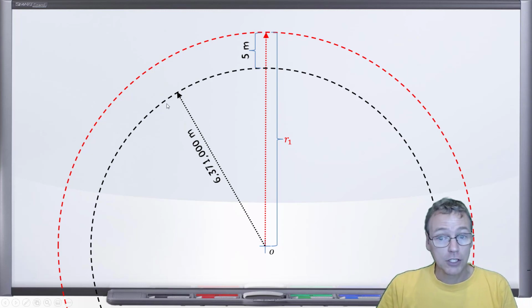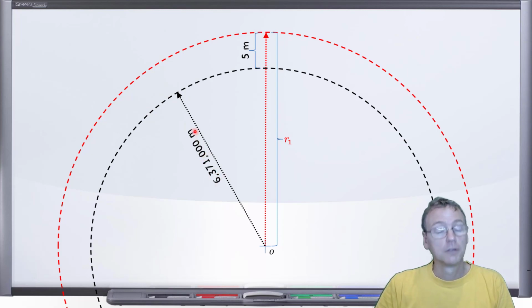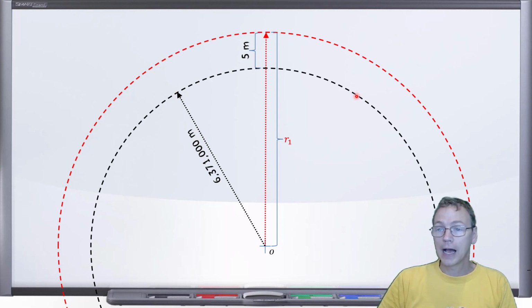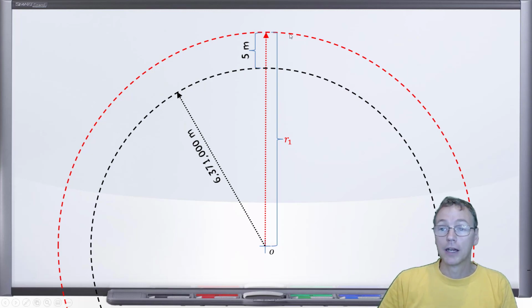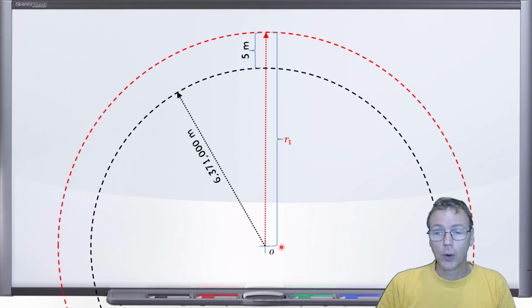The reference sphere is black, and I have provided that the reference sphere might have a radius of 6,371,000 meters. So the black sphere has that radius at center point O, and I will then be talking about another sphere, the red one, which shares that same center point but has a different radius.